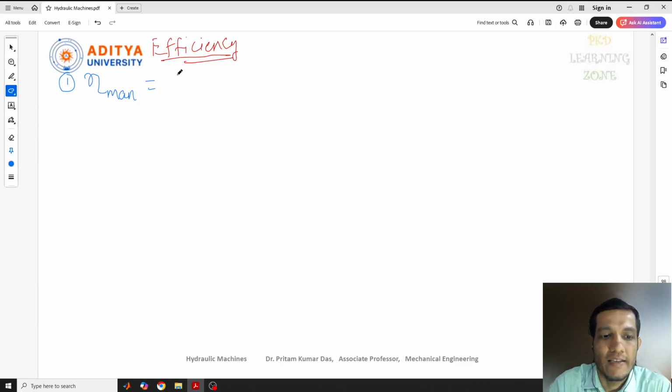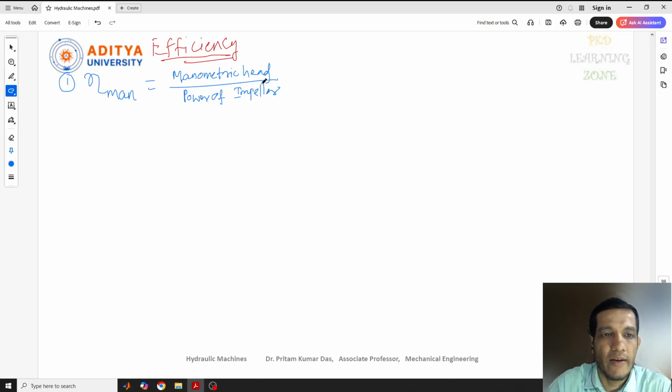That is, the ratio of the manometric head to the power of the impeller, or the head imparted by the impeller to water. I'll just write power of impeller, in short.